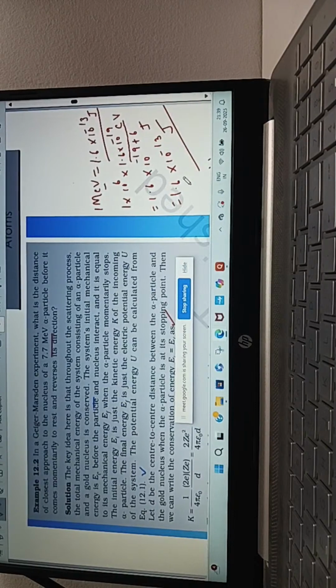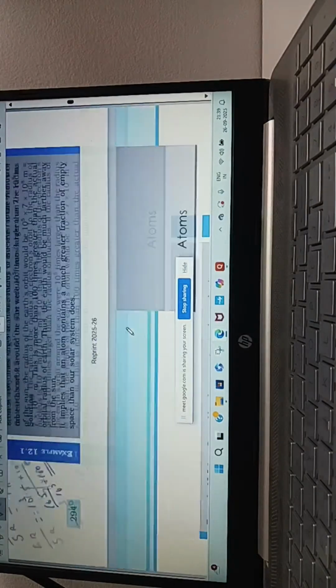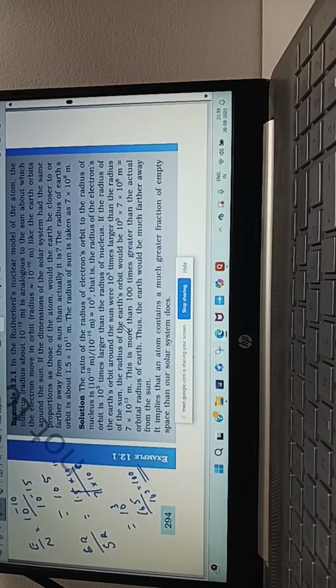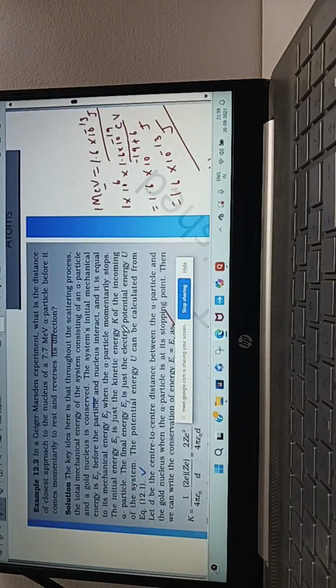We feel that solar size is very big, but that is not correct. When you compare them, there is so much gap between the nucleus and the electron. That is the reason a large number of alpha particles pass through the gold foil without scattering. Only a few particles, 1 in 10,000, will retrace their path.